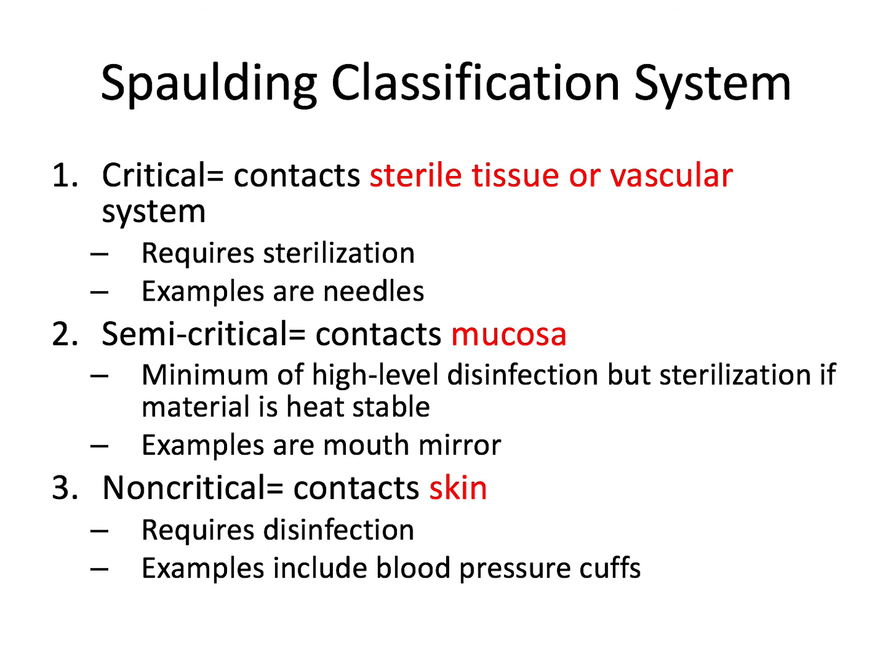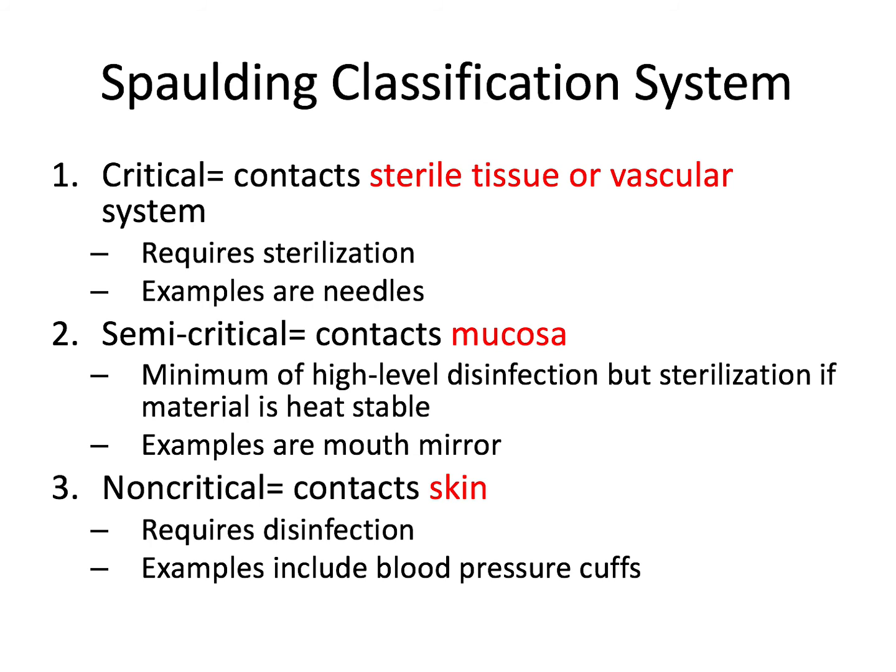All right, and lastly we have the Spaulding classification system. And so this is denoted into three categories: critical, semi-critical, and non-critical. So a critical object or instrument is one that contacts sterile tissue or the vascular system.